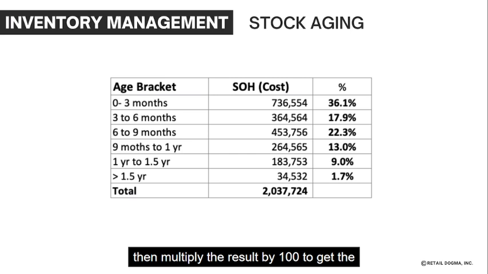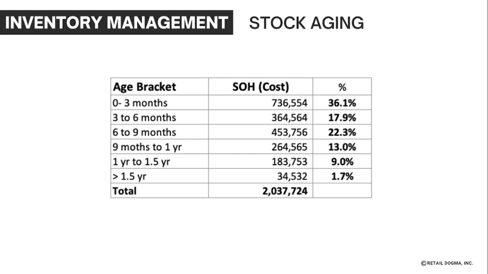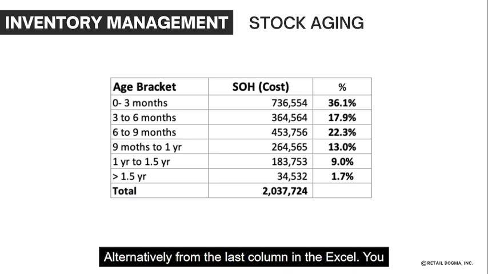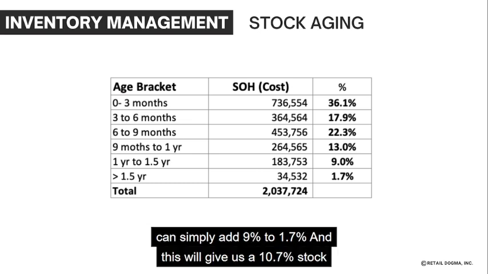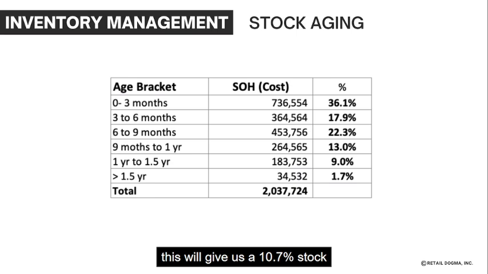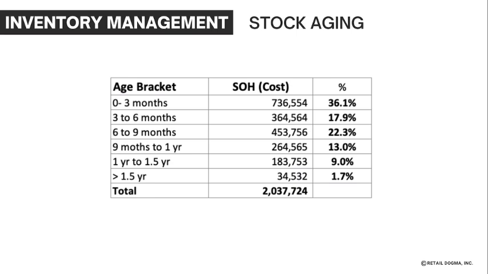And then multiply the result by 100 to get the percentage. Alternatively, from the last column in the Excel, you can simply add 9% to 1.7%, and this will give us a 10.7% stock aging above 1 year.